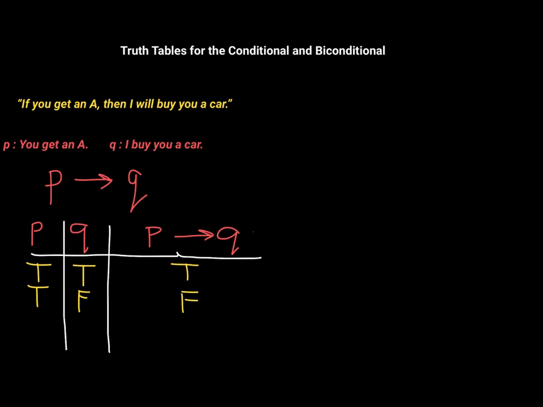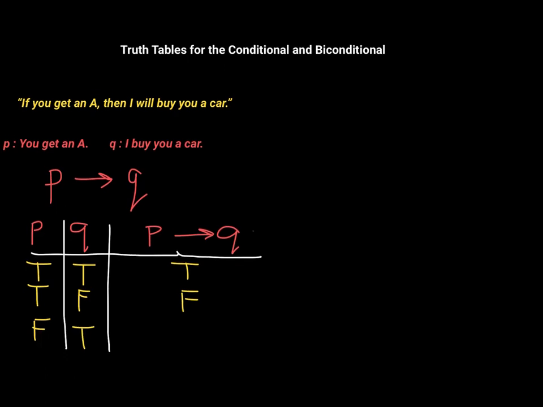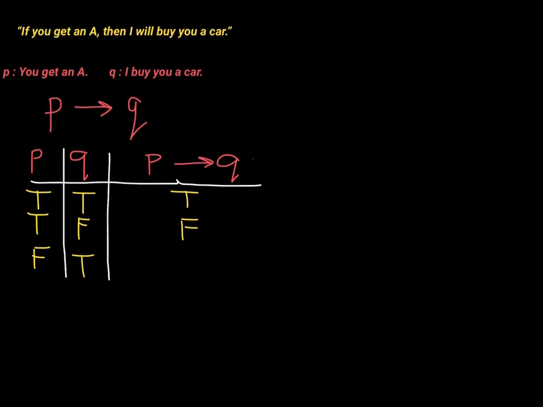Another thing that could happen is the P statement is false, but Q is true. Let me move this board up a little bit and make my table just a little bit bigger. Now the question is, is this conditional statement, if P then Q, true or false? If P is false, that means you did not get an A. And if you did not get an A, I've not broken my promise.